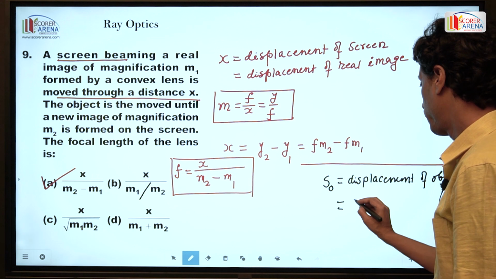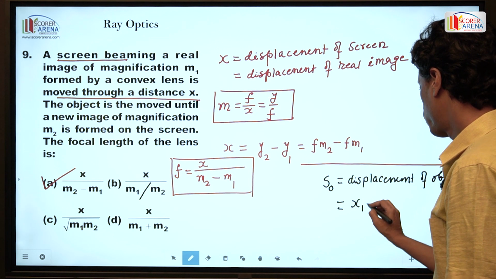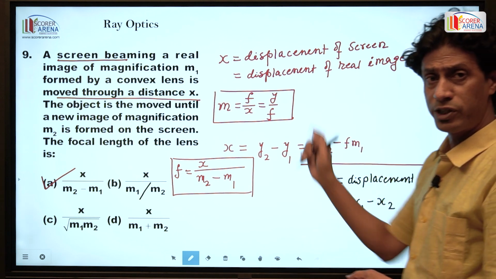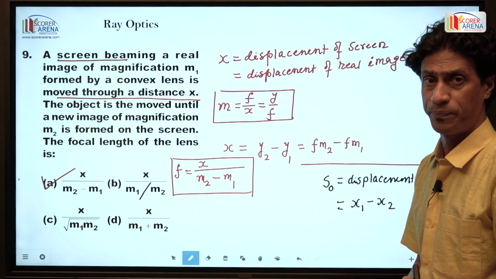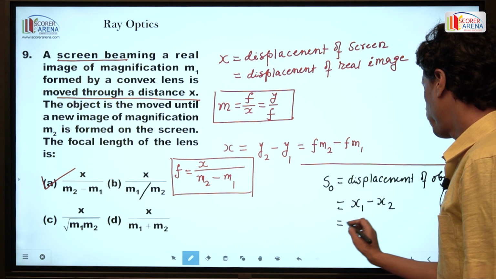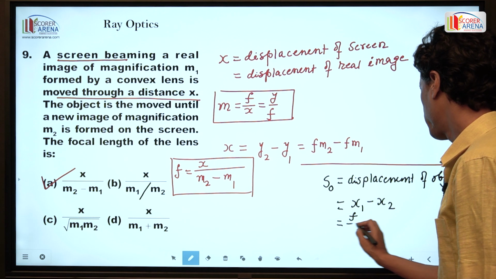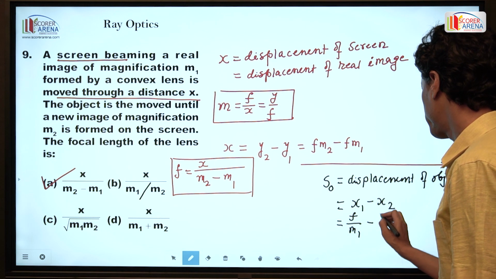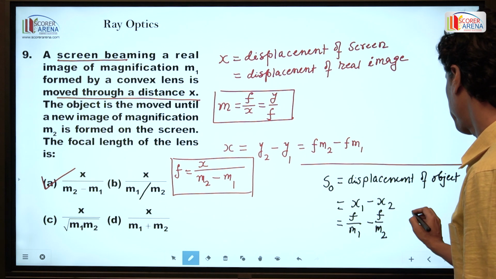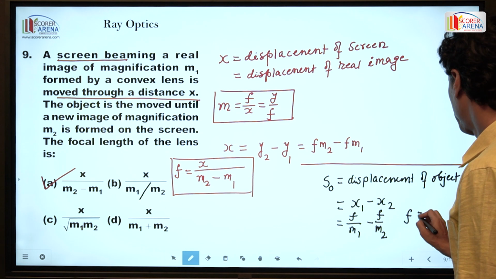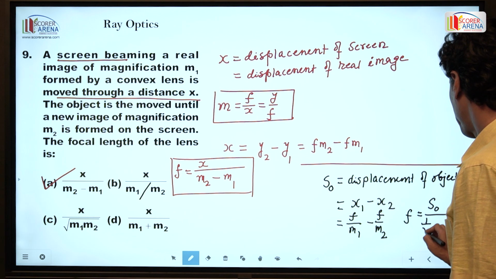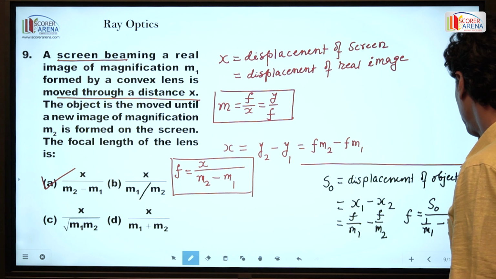So therefore x1 minus x2, if the displacement of object is given in any problem, and you know x1 is equal to f by m1 and x2 is f by m2. So very easily we can find f is equal to SO by 1 upon m1 minus 1 upon m2.